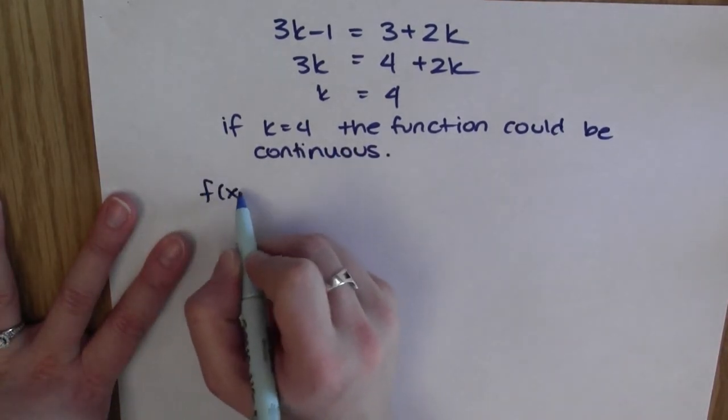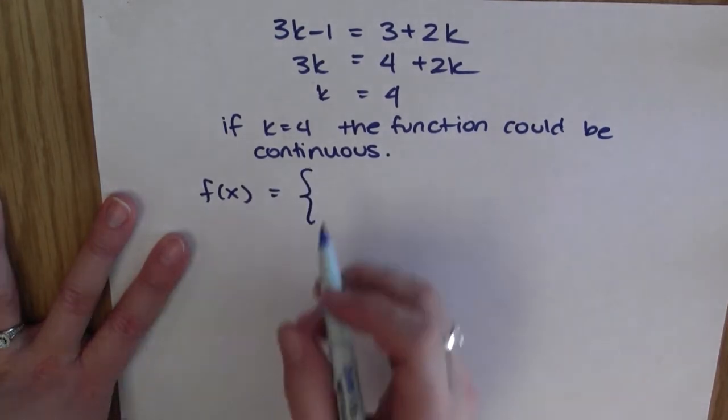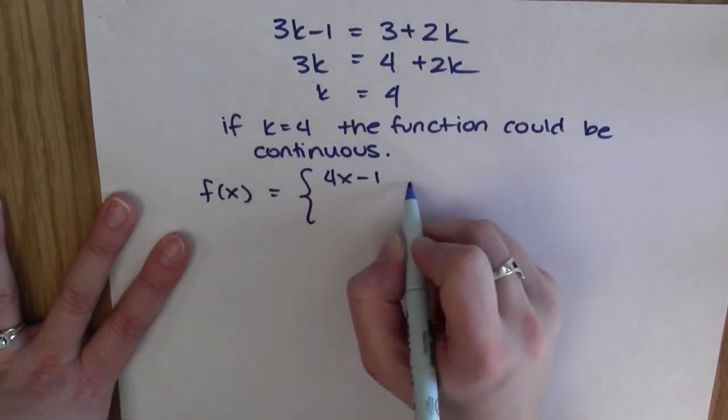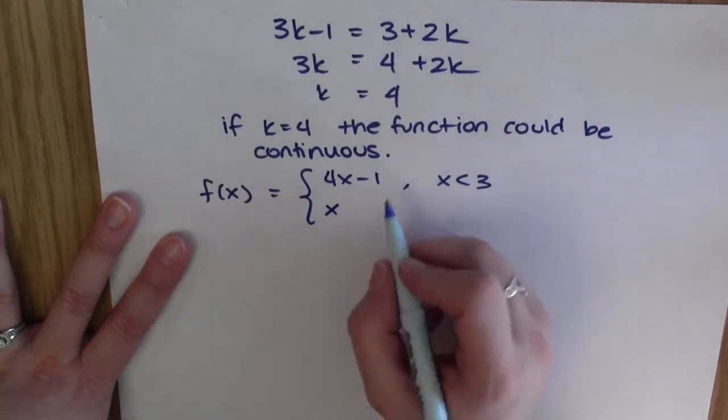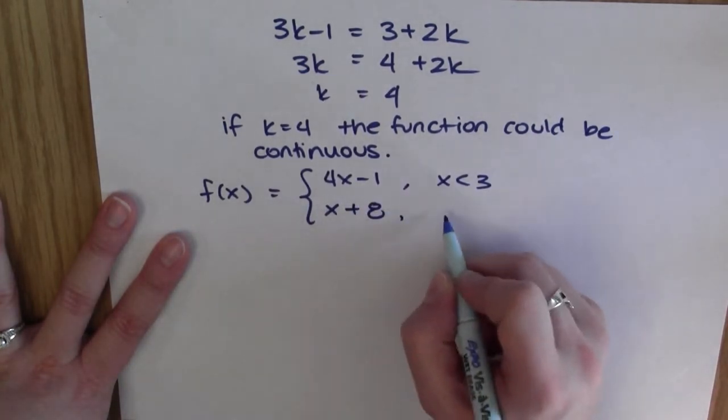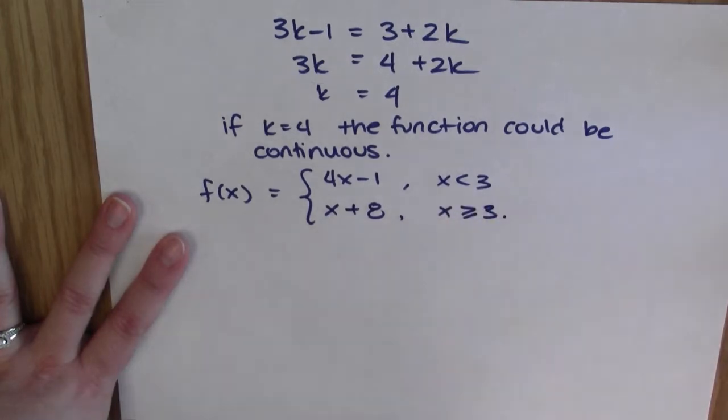In this case, the function looks like f of x equals 4x minus 1 when x is less than 3, and x plus 2 times 4, which is 8, for x greater than or equal to 3.